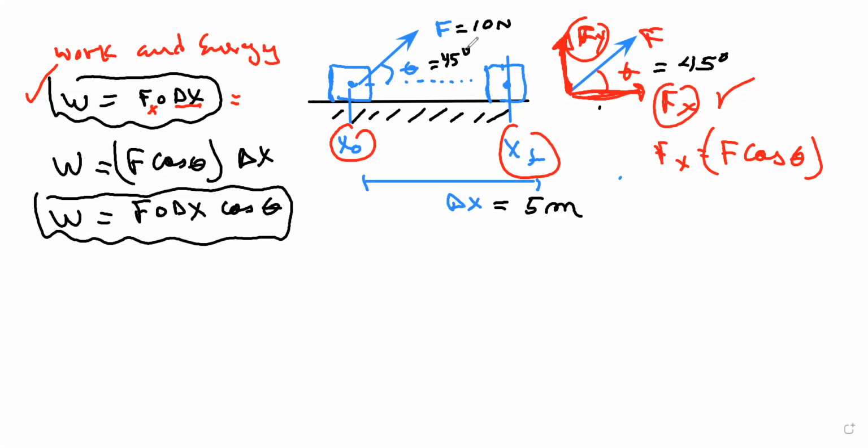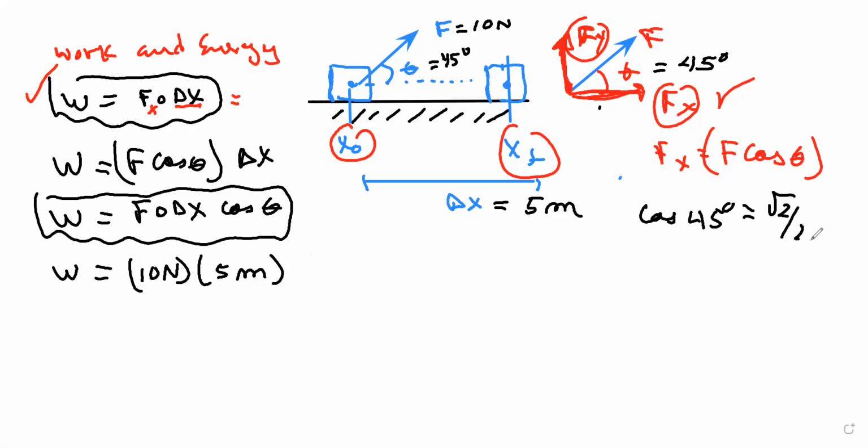So let's plug in this. The work is going to be the force, which is 10 newtons, multiplied times the displacement, which is 5 meters, and the cosine of 45 degrees. The cosine of 45 degrees is going to be square root of 2 divided by 2.